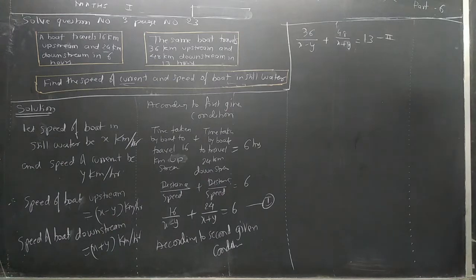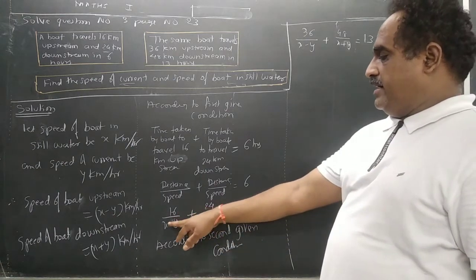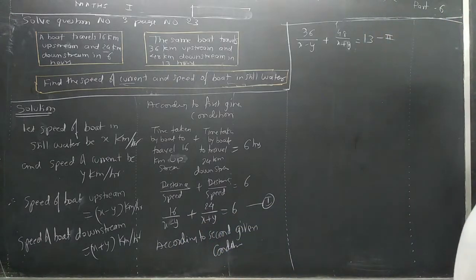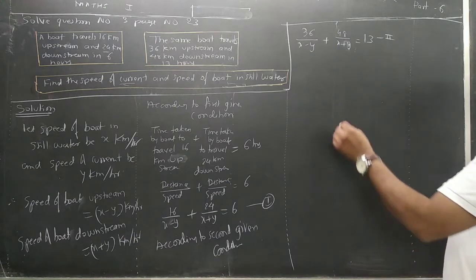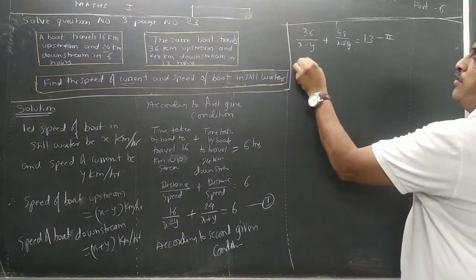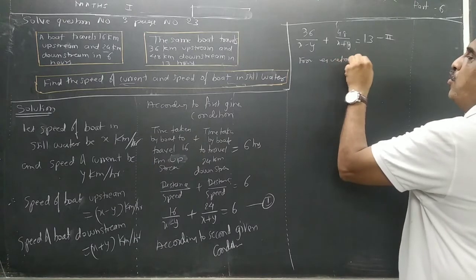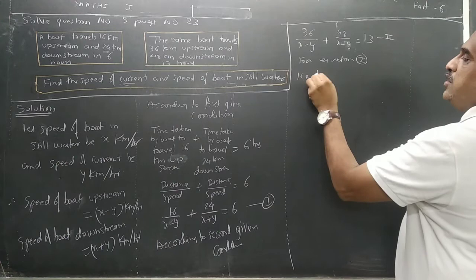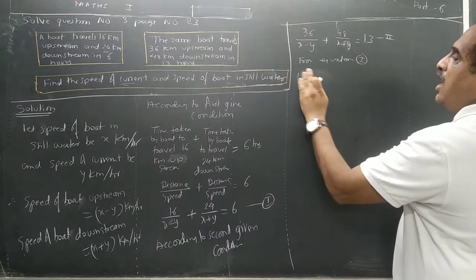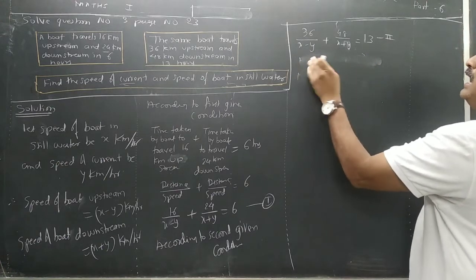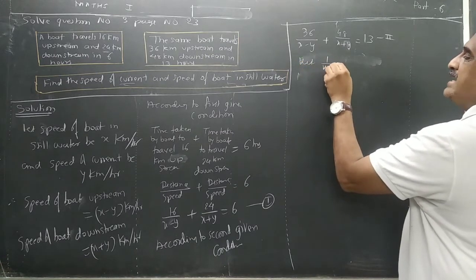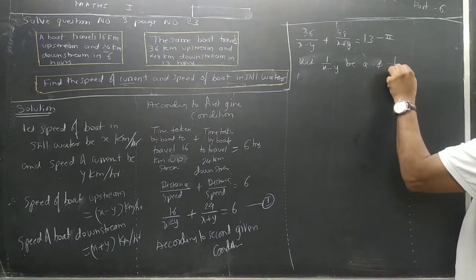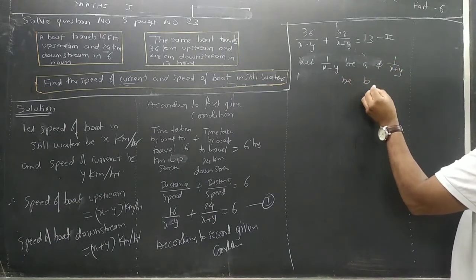Now we have done this type of question before, right? It is 1 upon x minus y, 1 upon x plus y, like that. So let 1 upon x minus y be a and 1 upon x plus y be b.